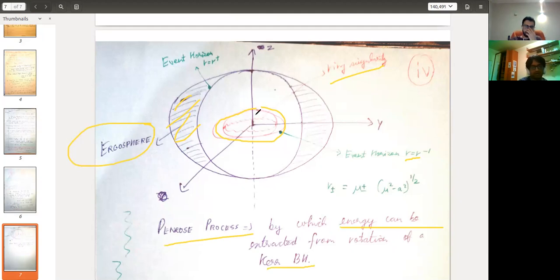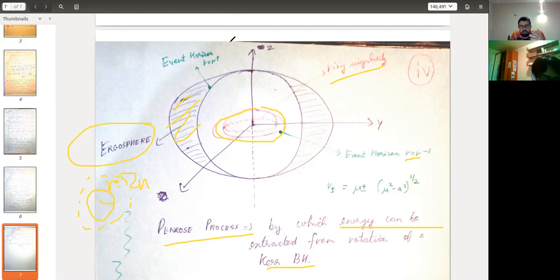But this ring, is it the innermost stable orbit, which you were also saying? No, that is not, because the innermost stable orbit is obviously outside the horizon. For a Schwarzschild black hole, if this is the horizon at r equal to 2m, then the innermost stable orbit is outside, over here.